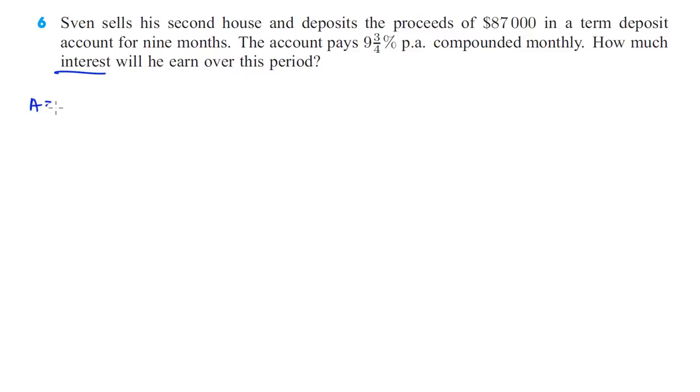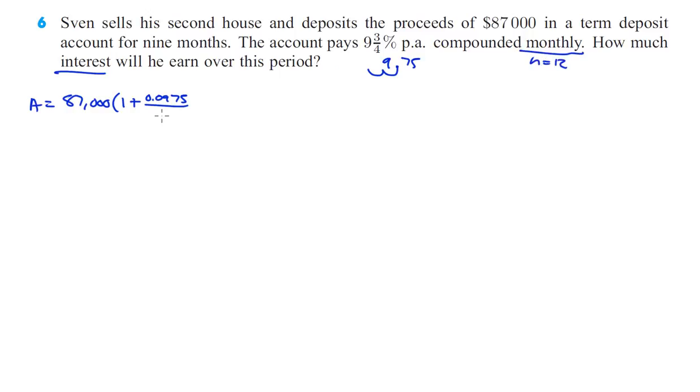So, A equals original investment of 87,000 times 1 plus, so 9 3/4 is 9.75. Move that decimal over twice, and we're 1 plus 0.00975, divided by compounded monthly.